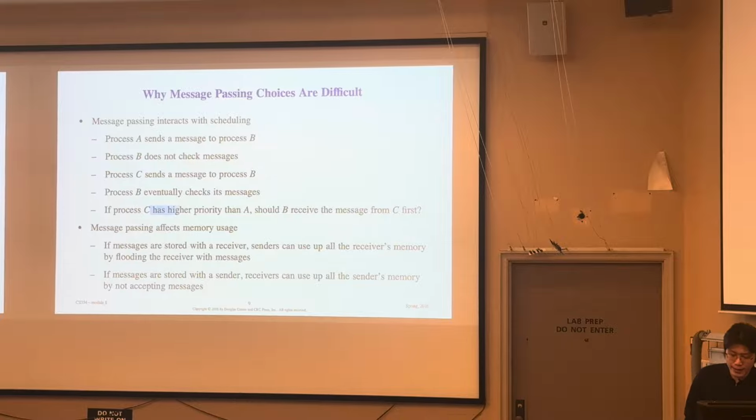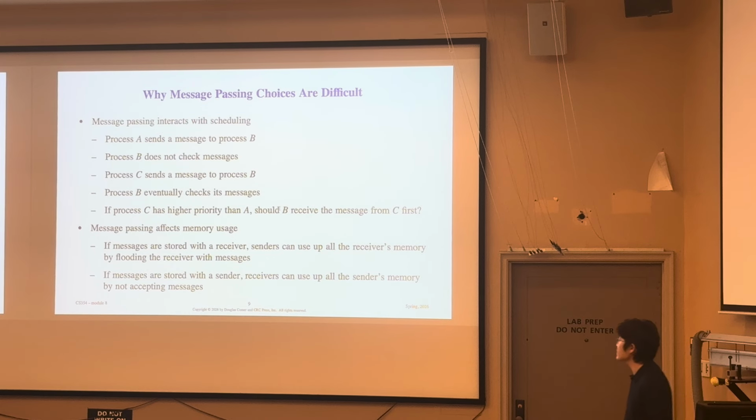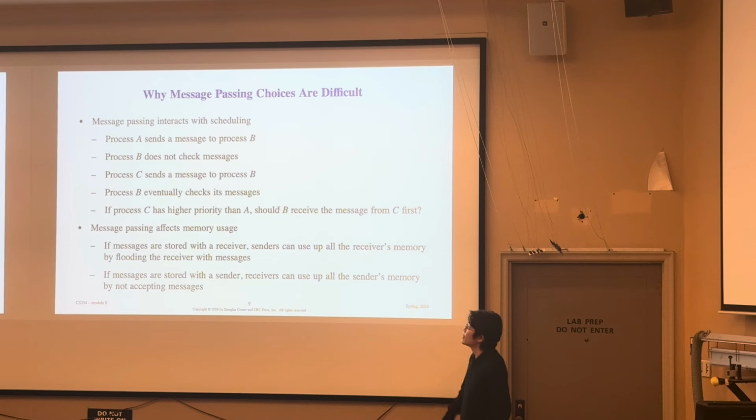But C has a higher priority than A. In this case, which message should be handled first? This would affect the scheduling environment, whether you will always have the process that has the highest priority running in your OS.